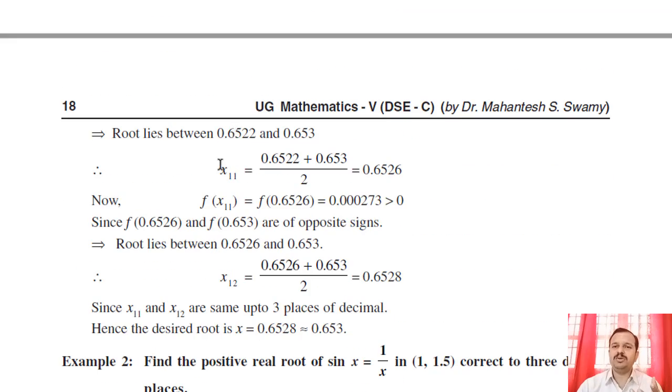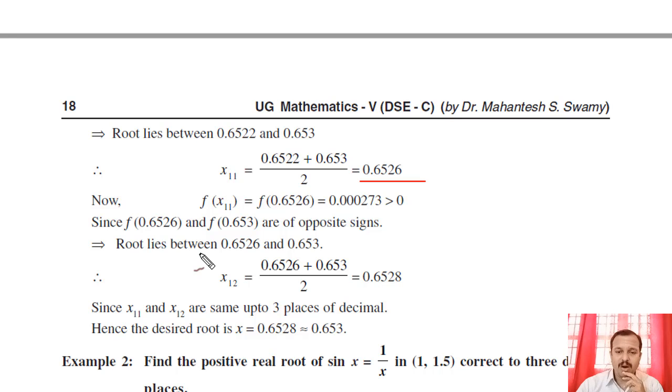If you do such type of work by yourself, it is very simple, you can do it. At the 11th iteration, the value of x will be 0.6526, that is 0.652. This is the value of x obtained at the 11th iteration.